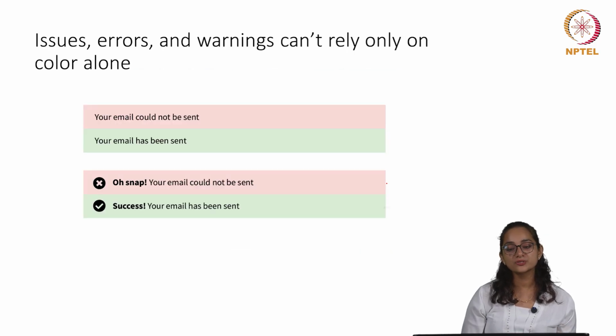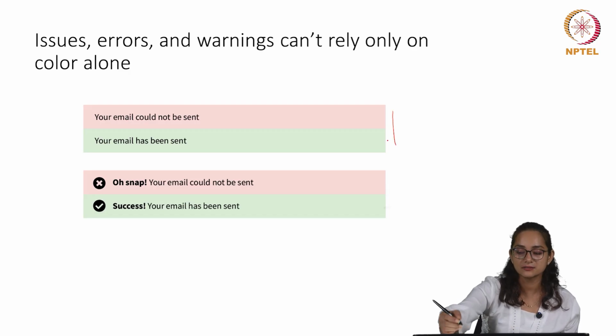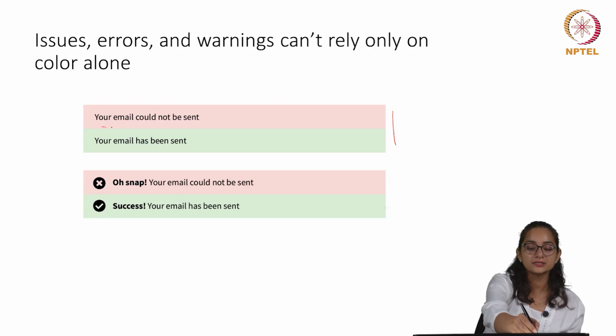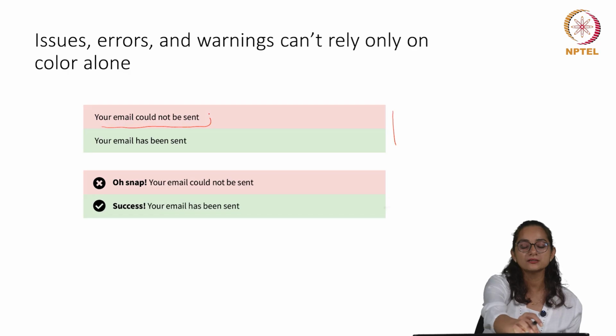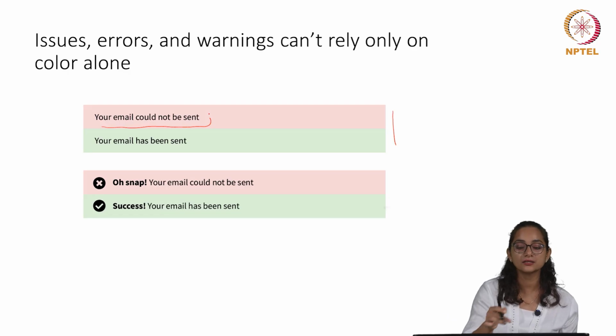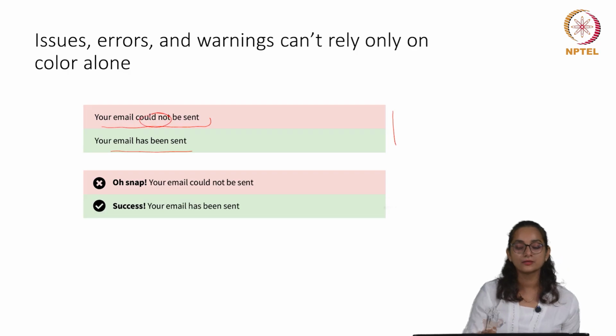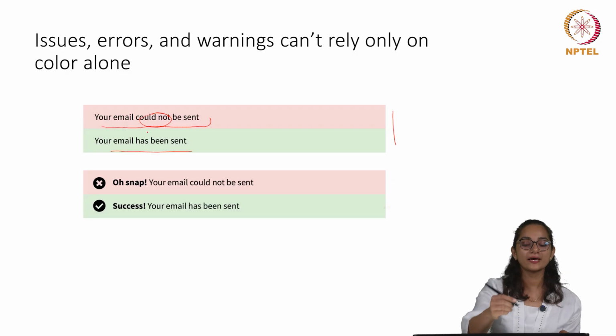So, other issues, errors and warnings can't just rely on color alone, and I think this has again been discussed. Here for example it says your email could not be sent, with a light red indication, and here it says it has been sent. So, there is just a little difference of only a few words, could not and has been.